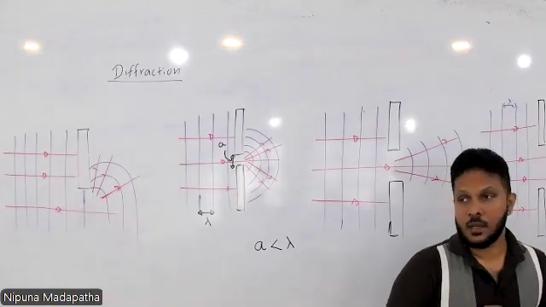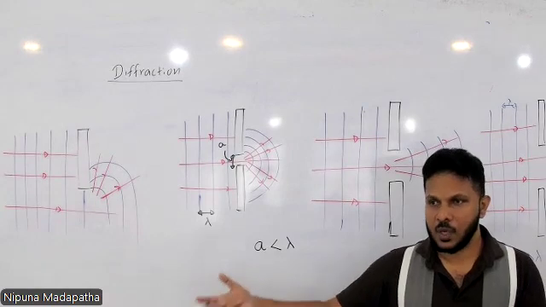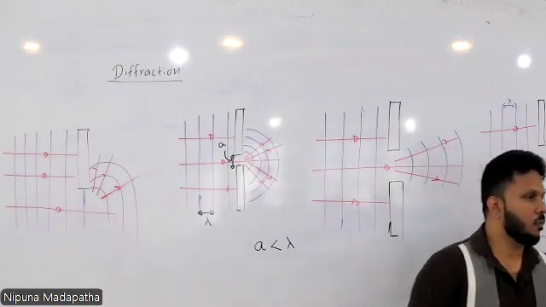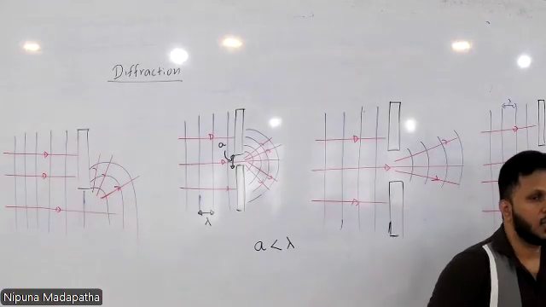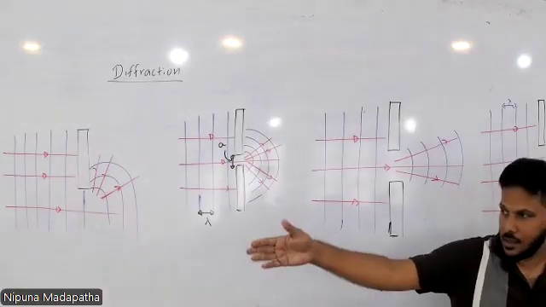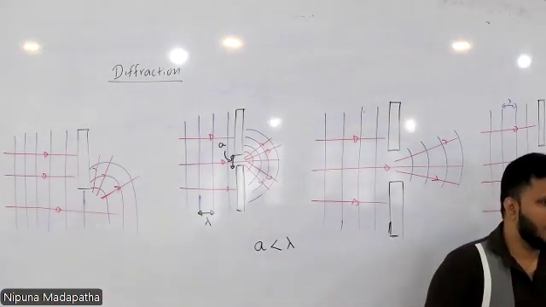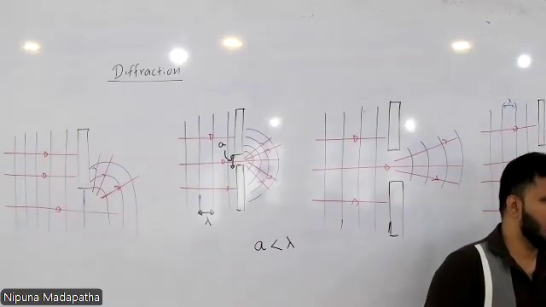We can see diffraction patterns of light using gratings. But we can diffract light only from very small gaps or very small holes, not a gap of this size.